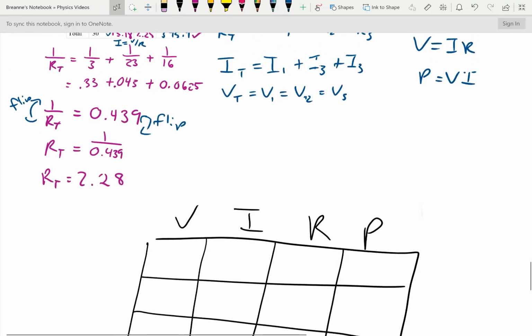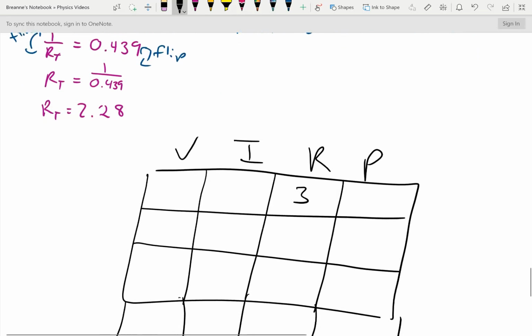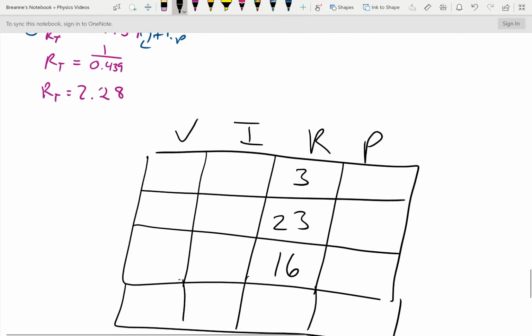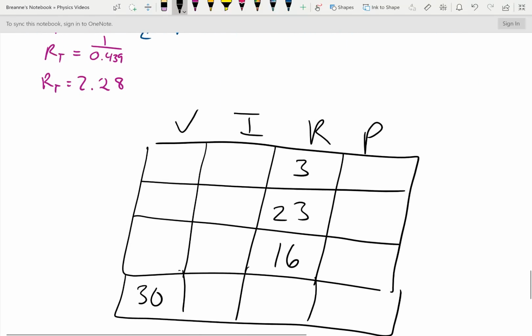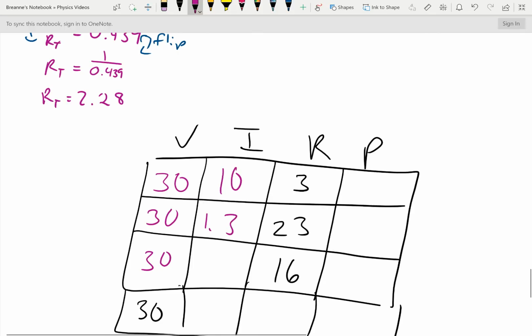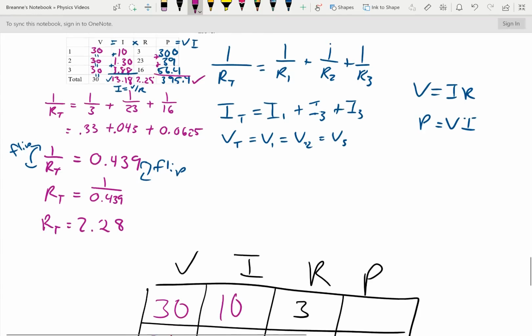And so our resistances were 3, 23, and 16, and our total voltage was 30. Since this is a parallel circuit, our 30s go all the way up. 30, 30, 30. But we can solve for our current. We can go ahead and do that. And again, you get 10, 1.3, and 1.88.